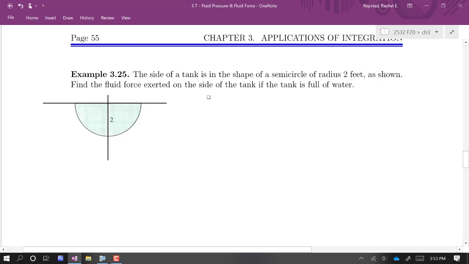So again, let me quickly jot down a couple things. It's full of water, and our linear units are in feet still, so W is 62.4 pounds per cubic foot.